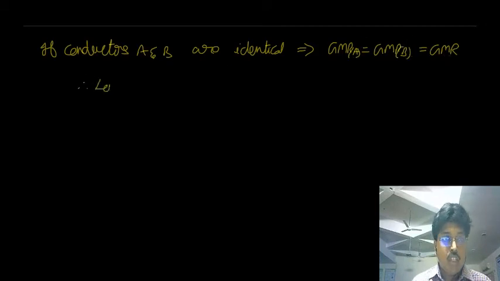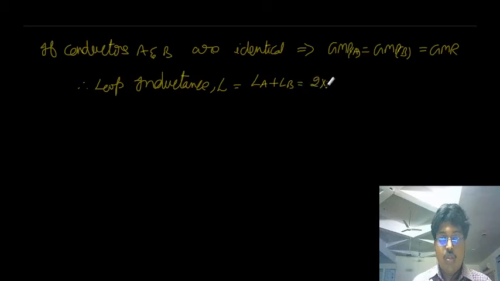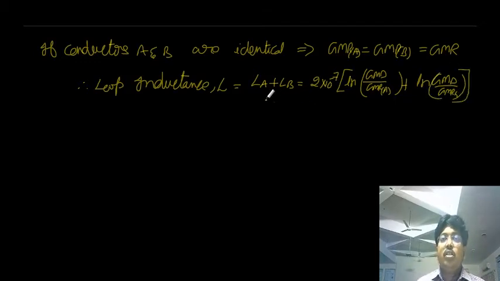Therefore, the loop inductance of this composite conductor L is equivalent to LA plus LB, which is equivalent to 2 into 10 power minus 7 into logarithm of GMD by GMRA plus logarithm of GMD by GMRB. Okay, this is the general loop inductance. If these are identical, we substitute GMRA equal to GMRB equal to GMR.